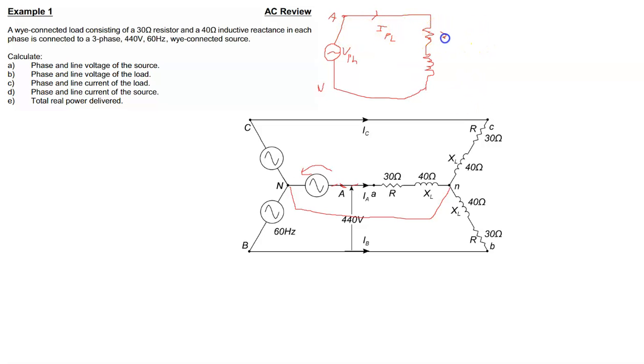And so we've got our 30 ohm resistor, our 40 ohm inductance, and now your impedance triangle: 30, 40, and Z phase. If you know Z phase, you can calculate I phase relatively easily, as long as you have V phase, which we'll calculate in a minute. So R phase, and remember, inductive reactance is XL phase. And this here is theta, and this angle over here, of course, is a right angle.